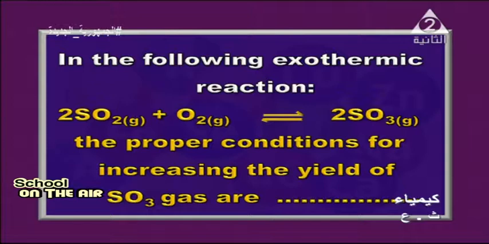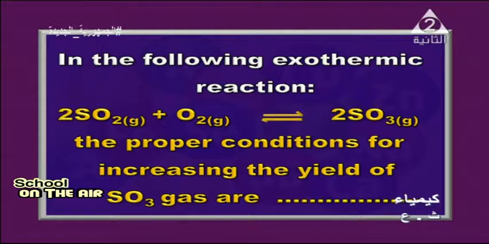Next question. In the following exothermic reaction, 2SO2 plus O2 gives 2SO3, what are the proper conditions for increasing the yield of SO3 gas? Before looking at the choices, the reaction here is exothermic, so the heat comes with the product. So by decreasing the heat, the reaction shifts forward, forming more SO3 gas.